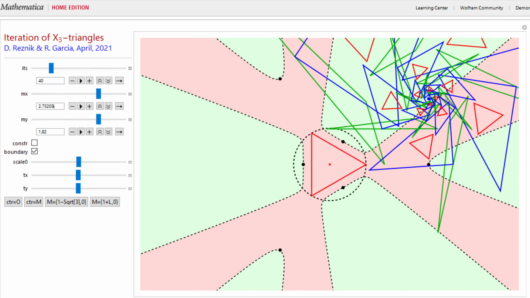The periodicity is 3, and every application of 3 transformations sends the original set of 3 triangles to a new set of 3 triangles, which is a rigid, rotated, translated version of the original triple, and it's rotated with respect to M. It's always rotated with respect to M in such a way that if you apply this multiple times, you end up getting a tornado around M, and the vertices of successive similar polygons are going to lie on a logarithmic spiral.